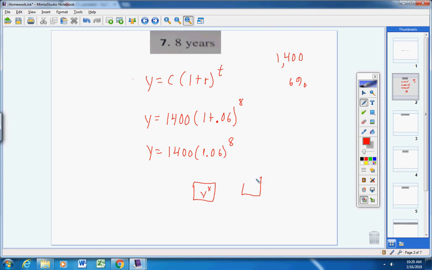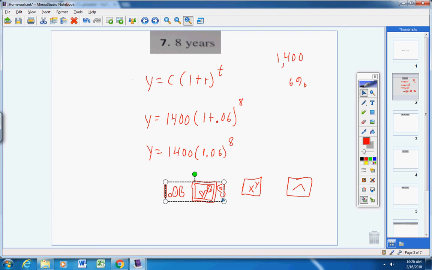Some have one that says x to the y power. A graphing calculator usually has a button that looks like this here, an arrow, okay? So if you're using this button here, you would first type in 1.06, okay? Then you would push this button here, and then push 8, and then hit enter, okay?